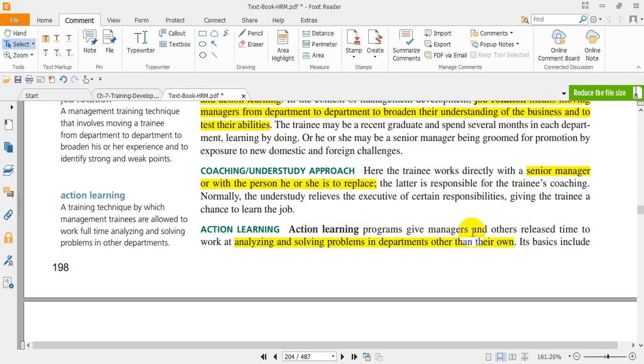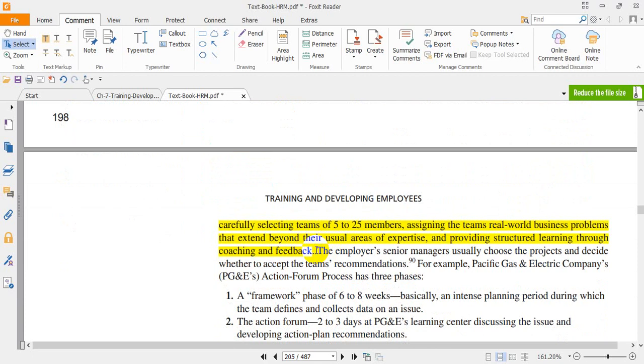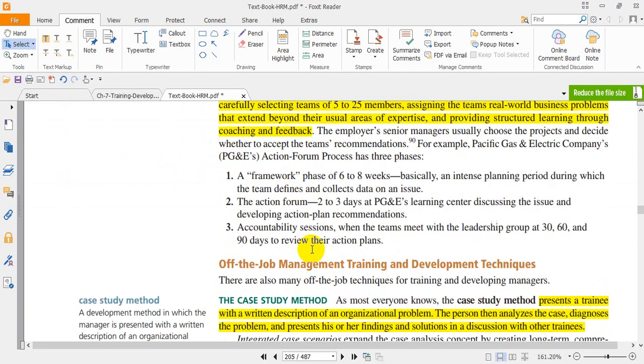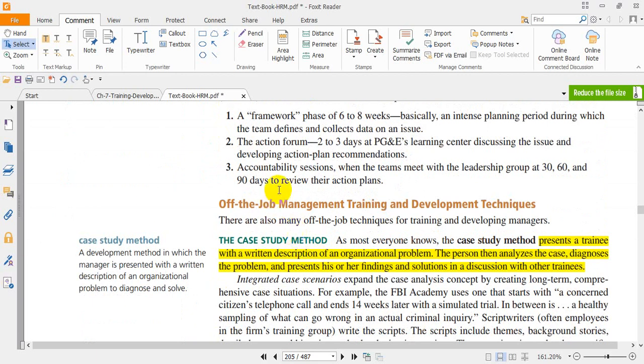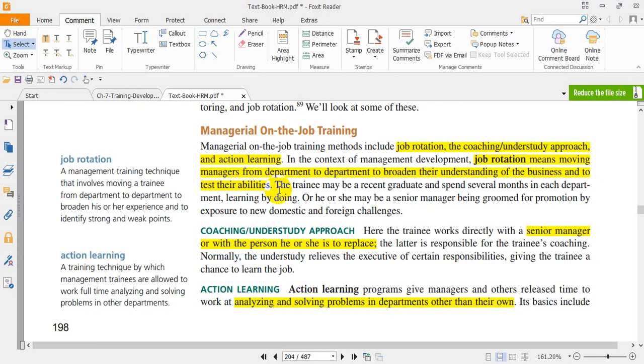Its basics include carefully selecting teams of 5 to 25 members, assigning the team real-world business problems that extend beyond their usual areas of expertise, and providing structured learning through coaching and feedback. These are the three techniques of on-the-job training.